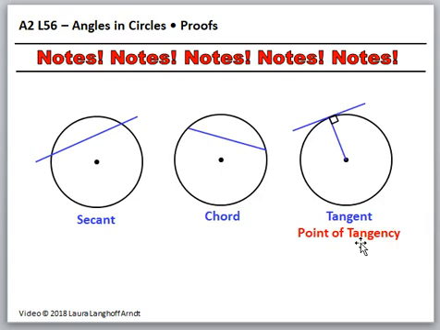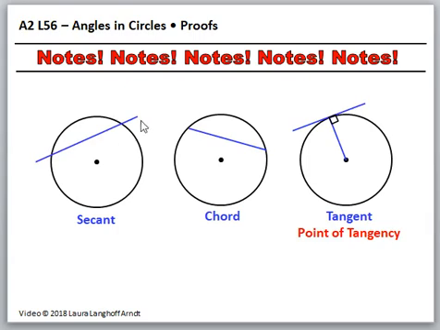Secant, chord, and tangent, which includes point of tangency. What is a secant? A secant is a segment that goes through the circle, right there, but it doesn't end on the circle.